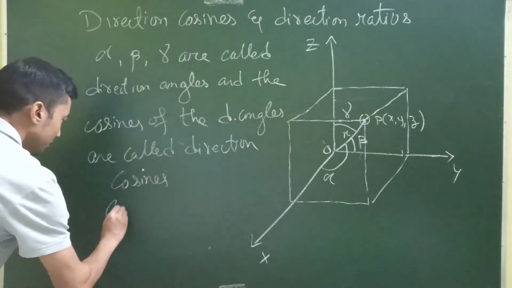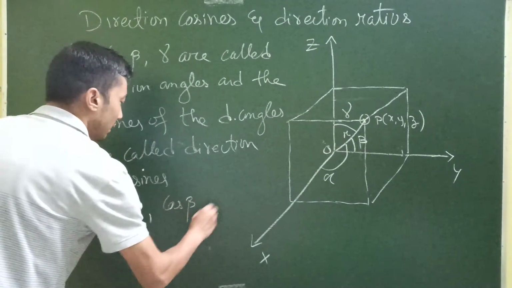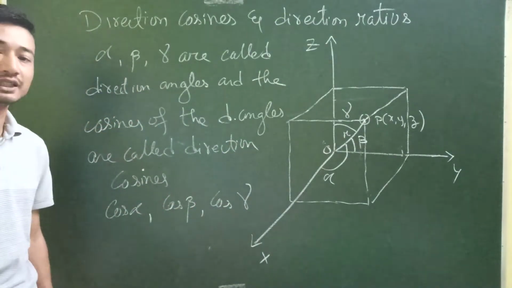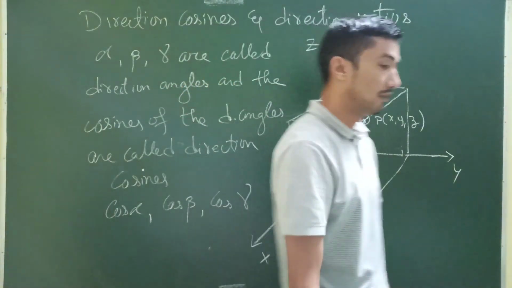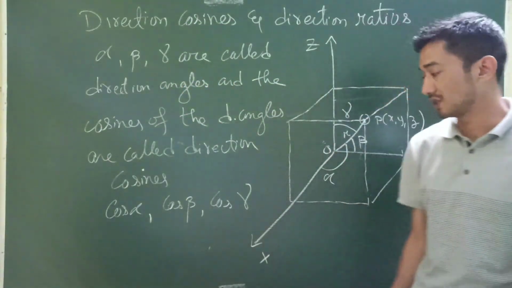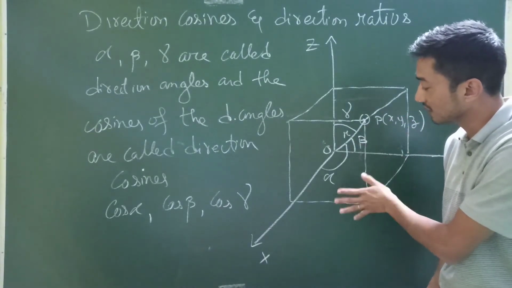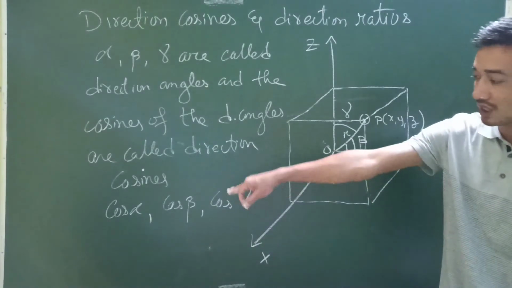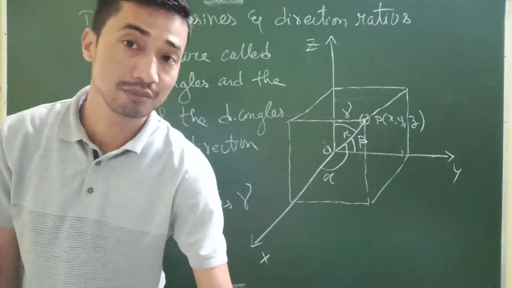That means the direction cosines are cos alpha, cos beta and cos gamma. So these are called nothing but the direction cosines of a vector of a point P. The cosines of the angles which a point P makes with respect to the x, y and z axis are simply called the direction cosines: cos alpha, cos beta and cos gamma. Very simple. Simple as that.